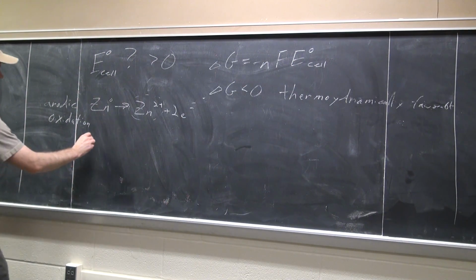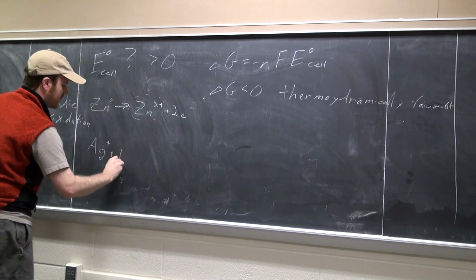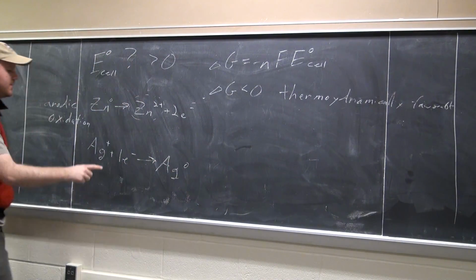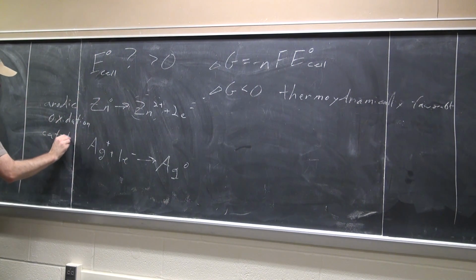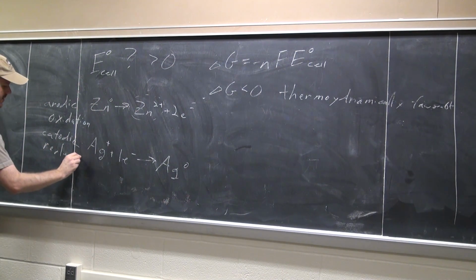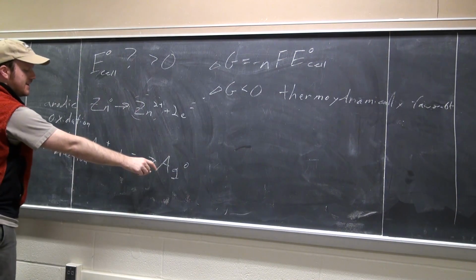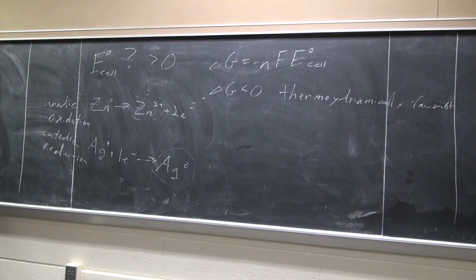A cathodic reaction is something like Ag+ plus 1 electron goes to Ag0. This is a cathodic reaction, and it's reduction. And in this case, we're making metal, right? We're making silver 0, so there's no corrosion going on there. We're making metal in that case, and that's good.